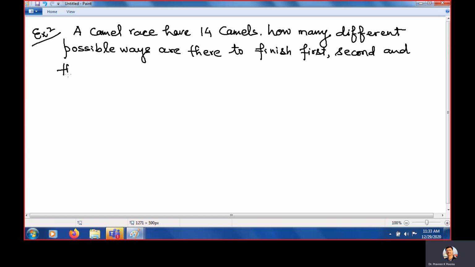That means how many positions are there? Only 3 positions. Who will come first? Who will come second? Who will come third? Clear?